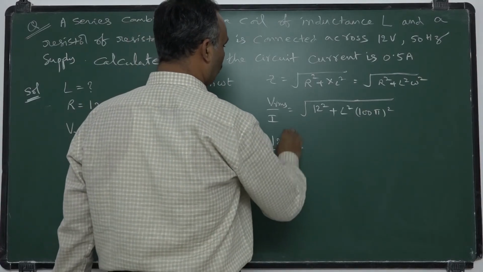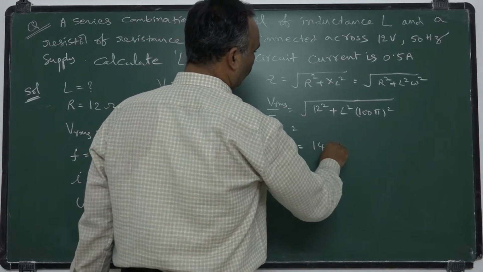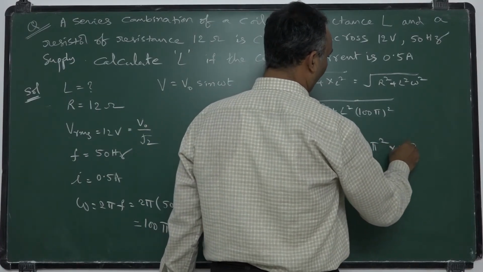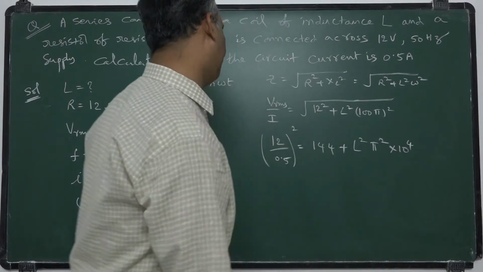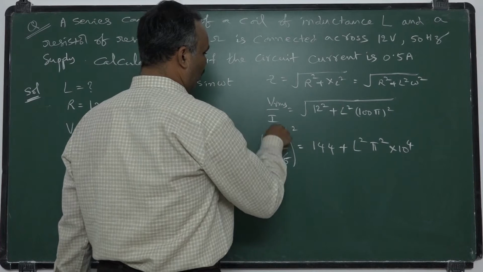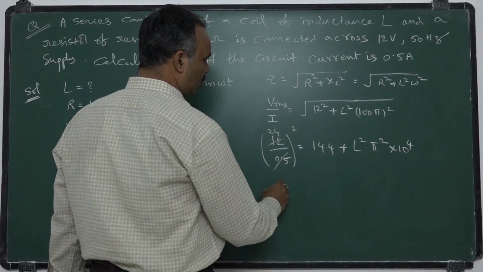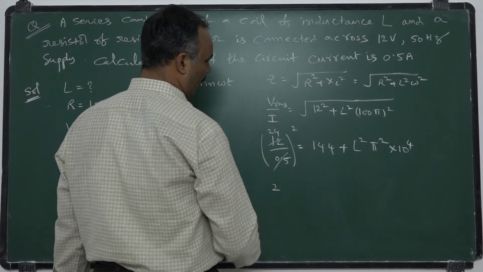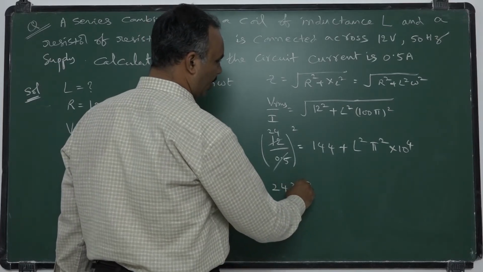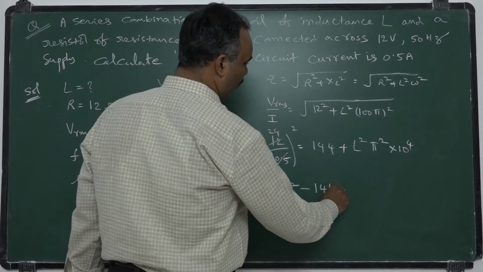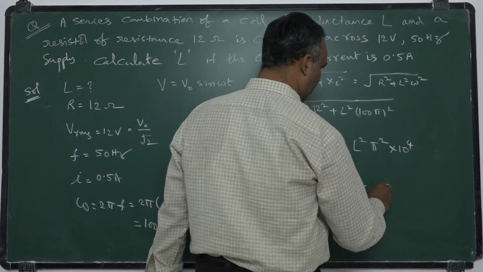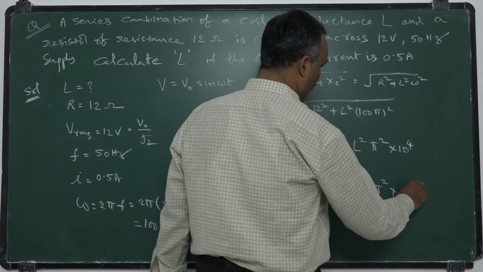That is equal to, this whole square is equal to 144 plus L square pi square into 10 power 4. So it will go for 24 times. So 24 square minus 144 is equal to L square pi square into 10 power 4.